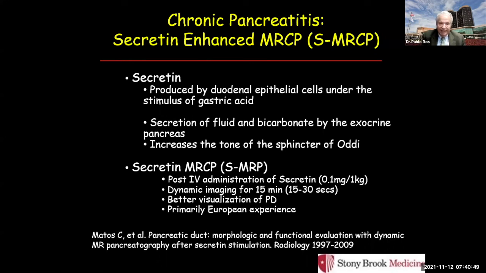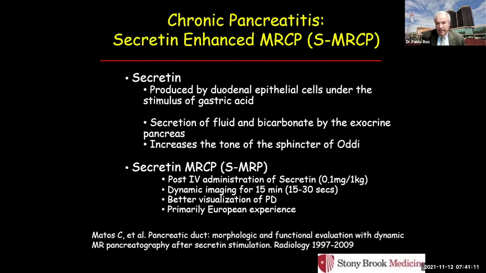So when we have gastric acid going from the stomach into the duodenum, there is secretin produced by the wall of the duodenum. The secretin goes into the bloodstream, stimulates the secretion of pancreatic enzymes, and at the end facilitates the digestion.